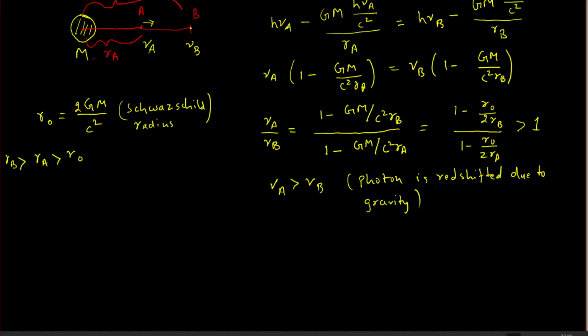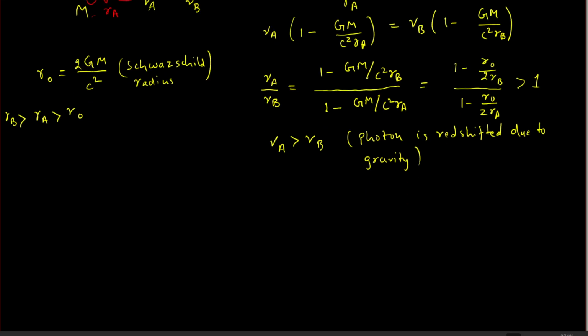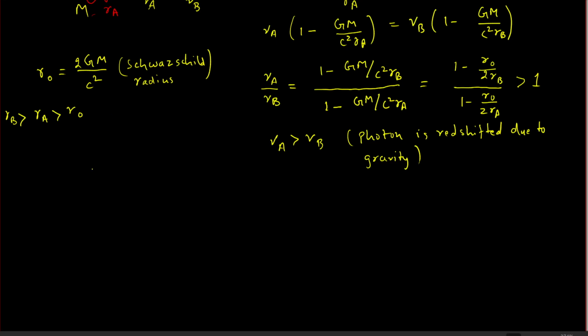If we look at the exact formula in general relativity, using the Schwarzschild solution, then the exact formula is nu A by nu B equals square root of 1 minus 2GM by c square RB, divided by 1 minus 2GM by c square RA.